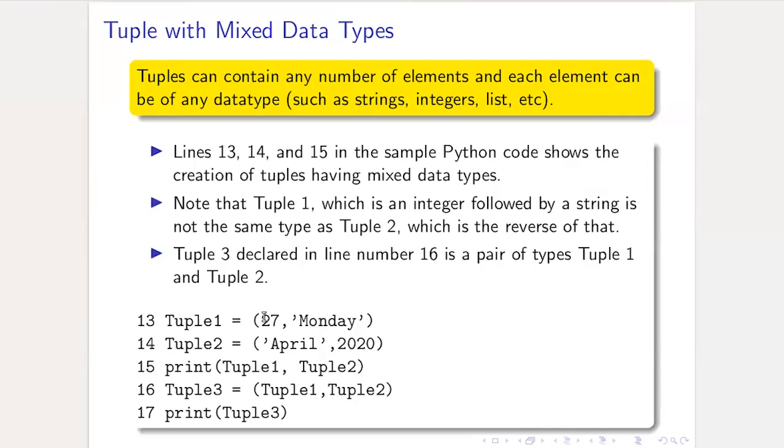While both contain similar values, an integer and a string, these are two different types of tuples. Both are pairs, but the type of the tuple is different. And of course, you can create tuples using tuples, as we have shown here in line number 16.